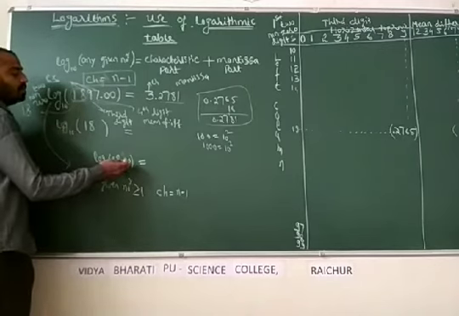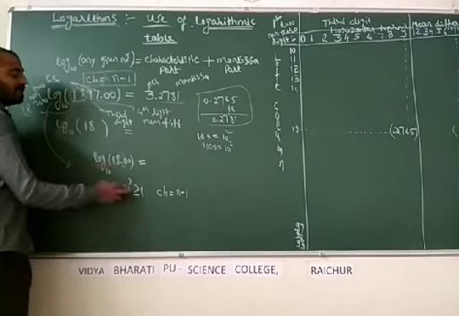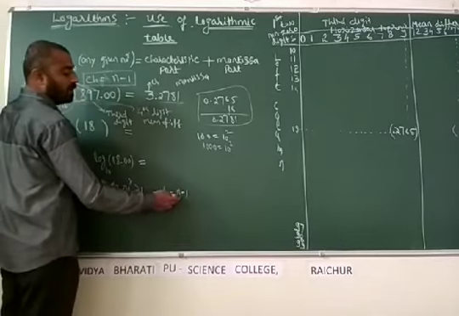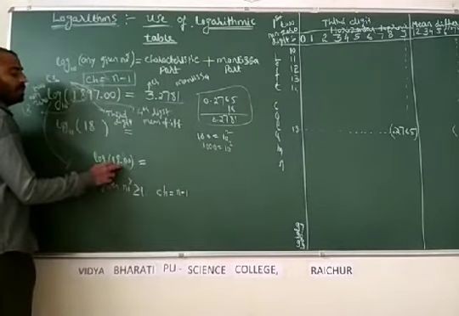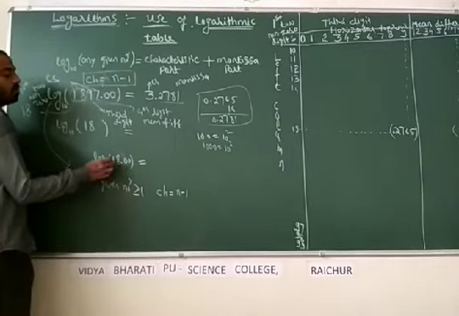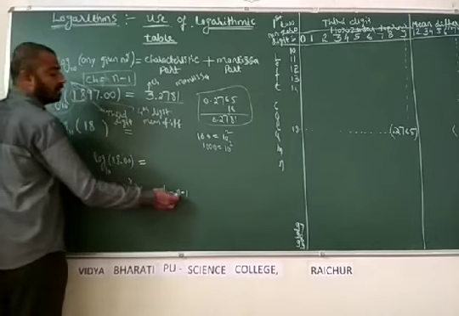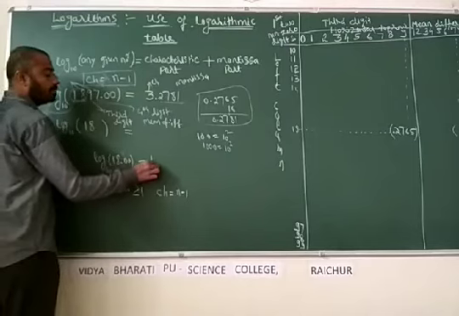The required number of zeros, 2 zeros, are added so that it is of 4 digits. 18 is greater than 1, so while finding its characteristic we follow the n minus 1 rule. What is n there? n is the number of digits before the decimal point. How many digits are there before the decimal point? 2 digits, 1 and 8. So n is equal to 2, minus 1, and its characteristic will be 1.